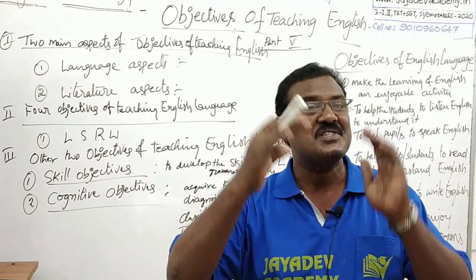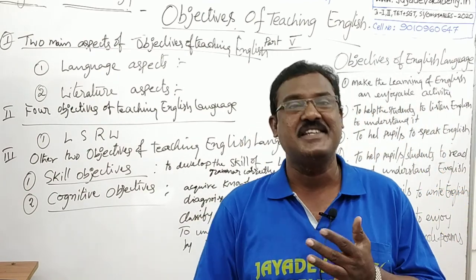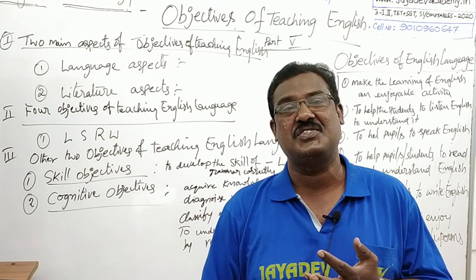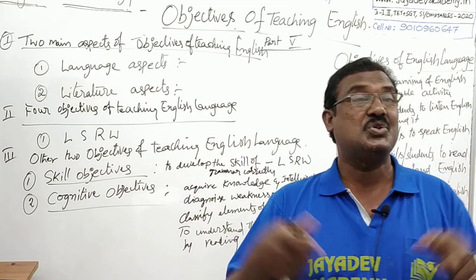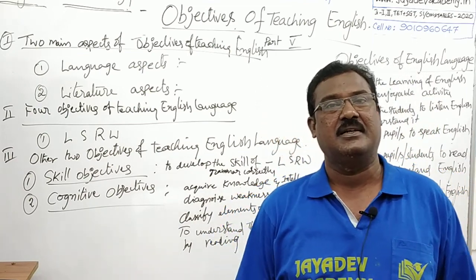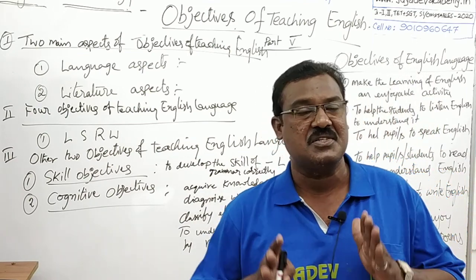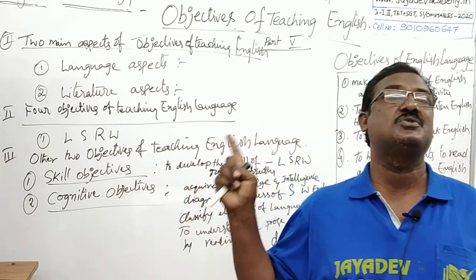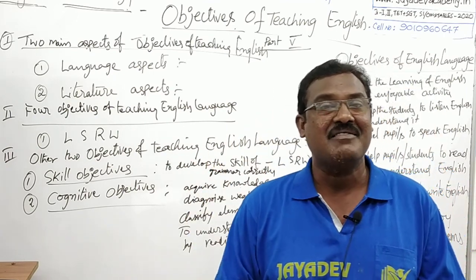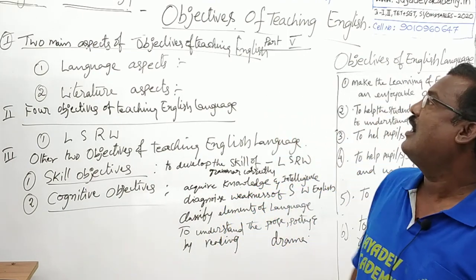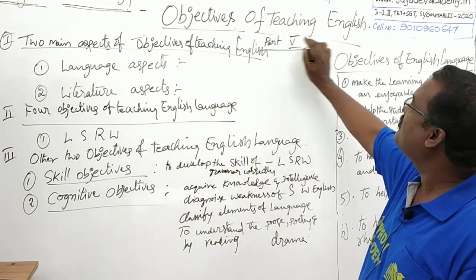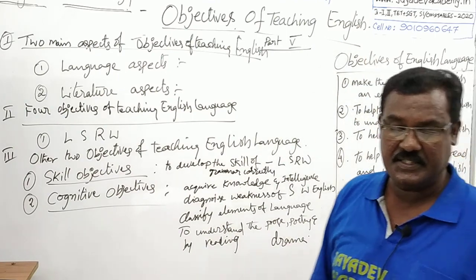For what purpose is he teaching? Why is he teaching? What is he teaching? How should he teach? What are the things that should be learned by the students? The ultimate goal of the teacher should be that the student understands whatever he is teaching in the classroom. That is the objective of teaching English.